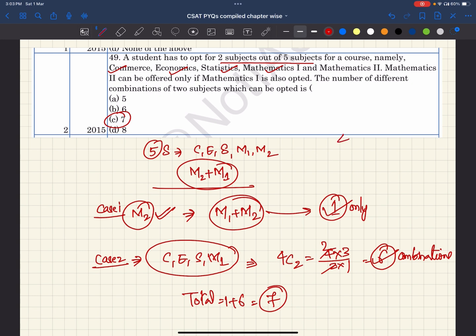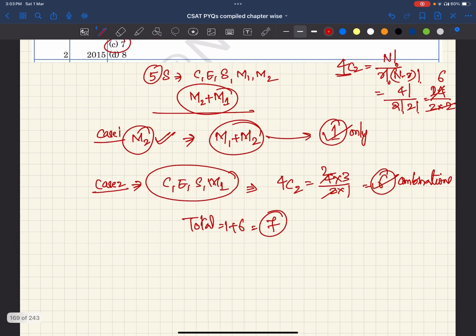4C2 means n factorial by r factorial, n minus r factorial. That means 4 factorial by 2 factorial, 2 factorial. Here this is 24, 2 into 2, 4, 6. Simply, in combinations, if it is 4C2, we'll write from reverse.